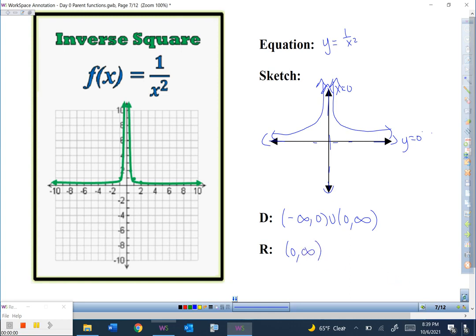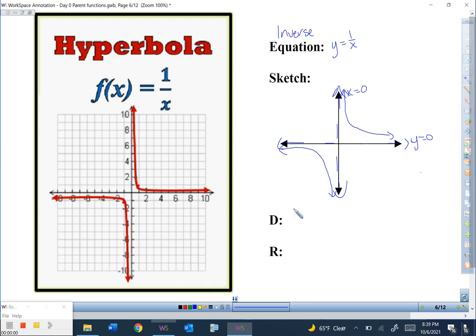That's different than this last one. Sorry, I missed it here. For the last one, we're going negative infinity to 0, union 0 to infinity. But on the range, you do have negative values show up. So it actually looks exactly the same as the domain, negative infinity to positive infinity, leaving out that 0 value.